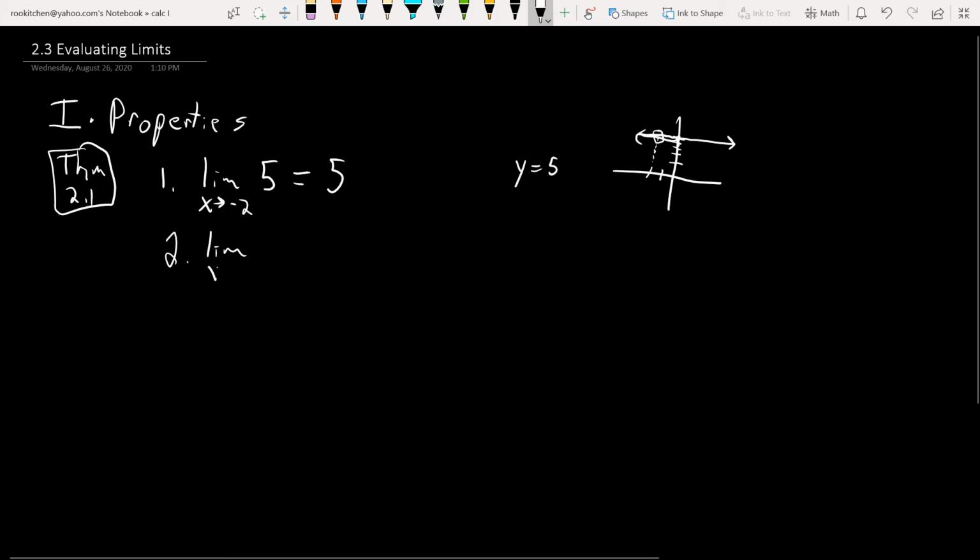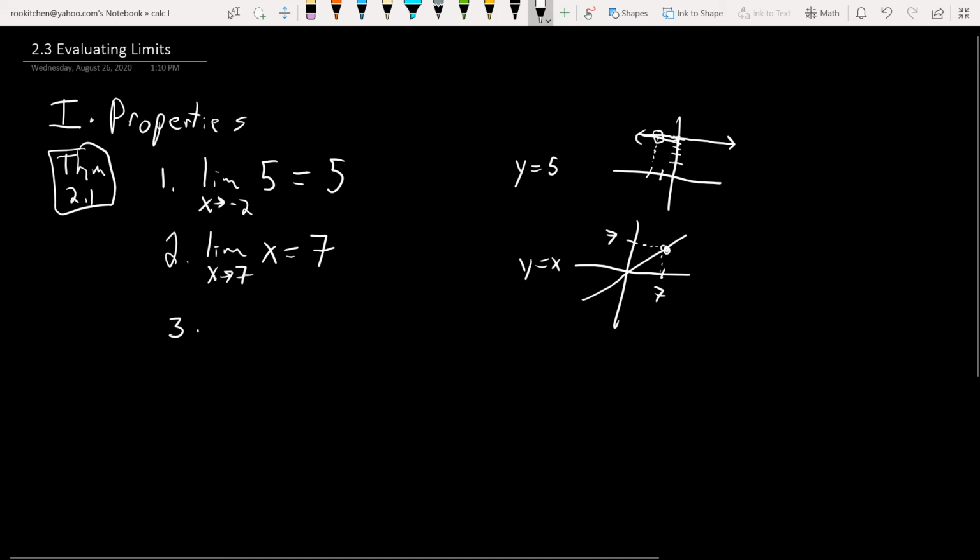The limit as x goes to 7 of just plain old x. The graph we're talking about this time is y equals x, and at the point 7, the corresponding y value is also 7. So the limit of that is 7. You think of it as just substituting 7 into the function.